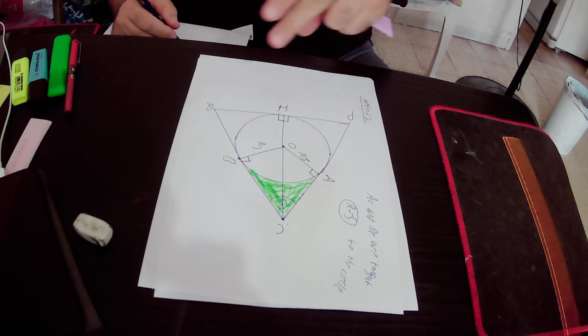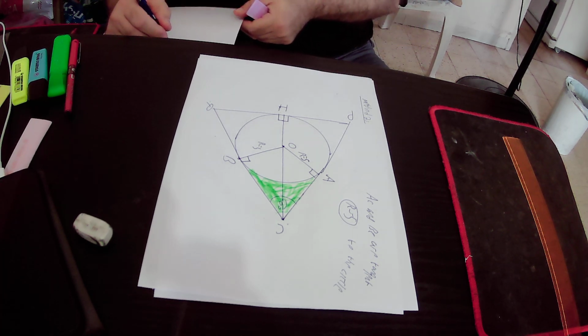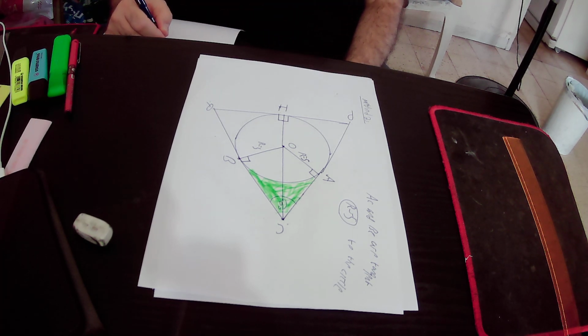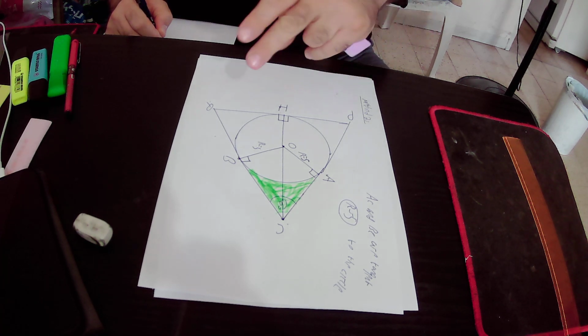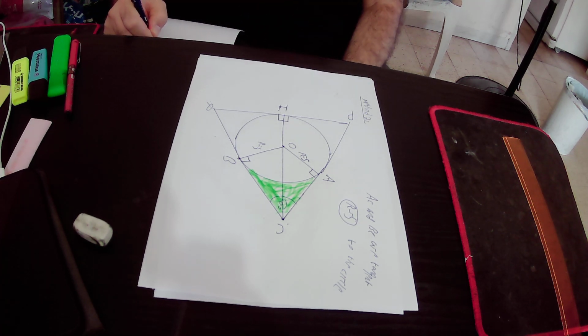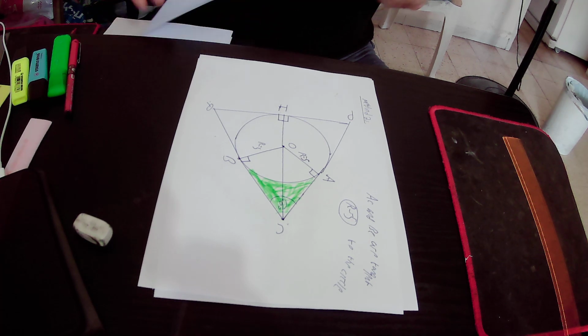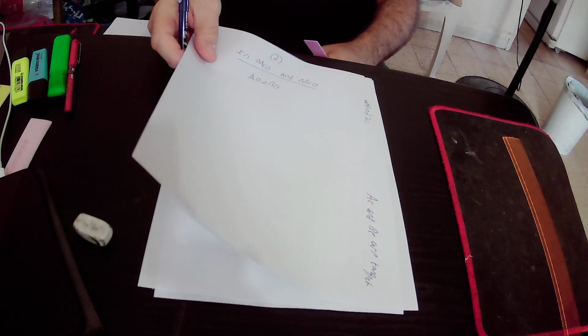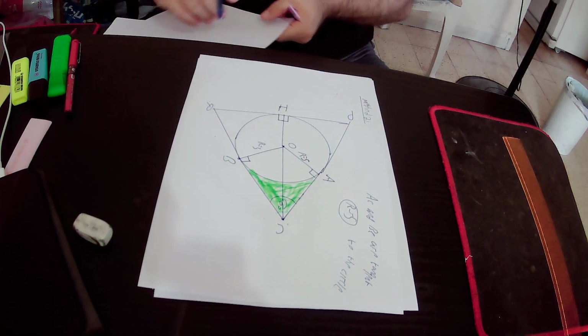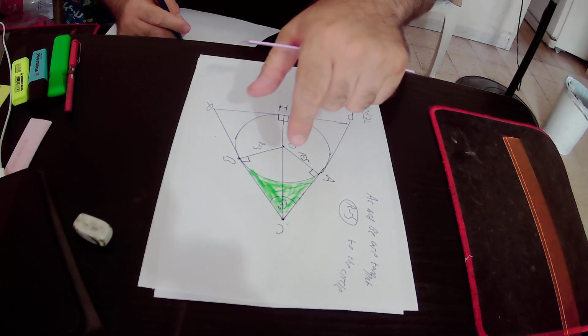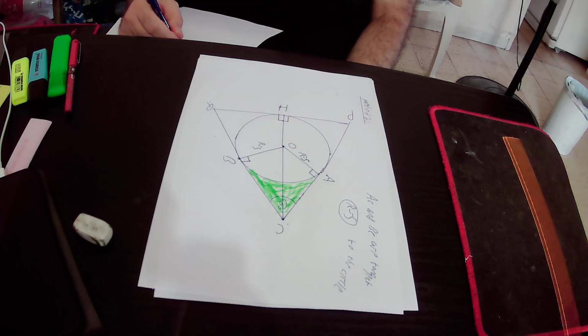We know that AO equals BO equals R equals 5 units. We know that AC equals BC according to the two tangent theorem, I will not repeat on it.